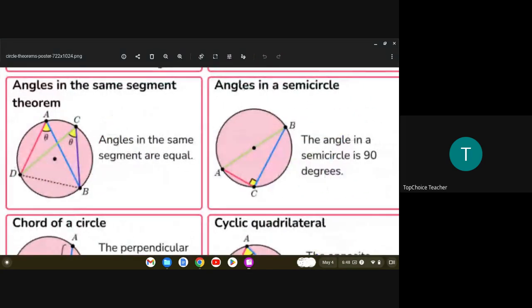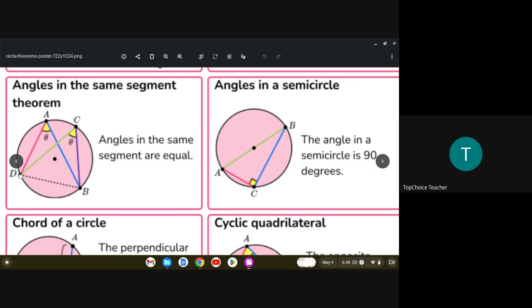This one on the left: angles in the same segment. What I tend to do when I'm doing this topic is call this the butterfly rule, because it looks like butterfly wings. That's how I describe it to my students. In this theorem, we have a chord, which is just a line that separates the circle into two portions.